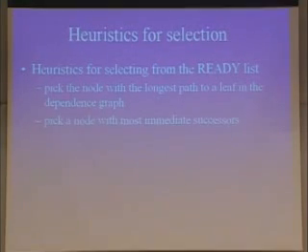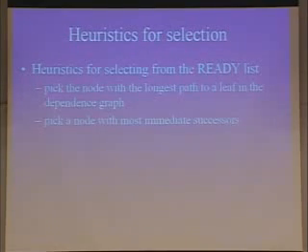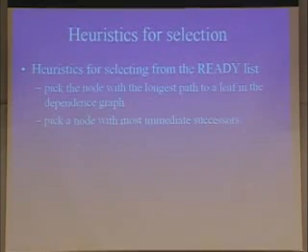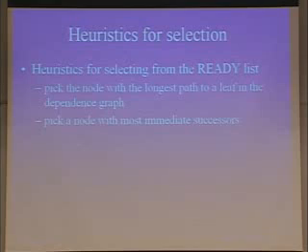If there are multiple things in the same longest path, get an instruction that has a lot of successors. Because the minute you get that, you put a lot more things in the ready list. If you take something that doesn't add anything to the ready list, you are reducing your schedulability. Get things that are used multiple times, because you want to get those fast to get more instructions executed.